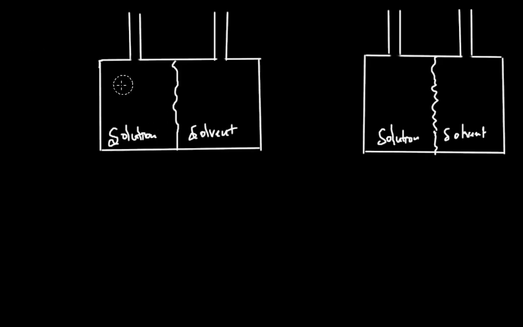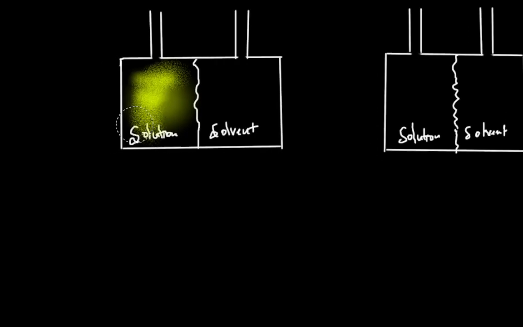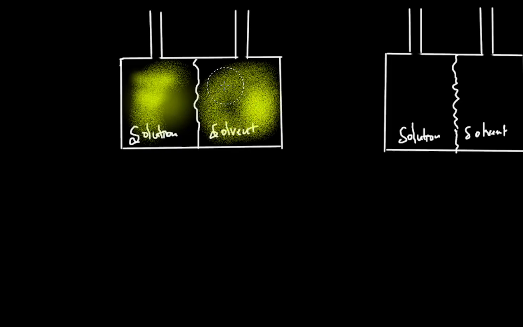So the solvent molecules will also be here. Of course, the solution is also made up of the solvent molecules. At the start of the experiment, both of them will have been raised to the same level.